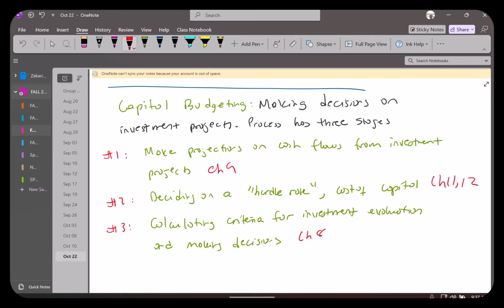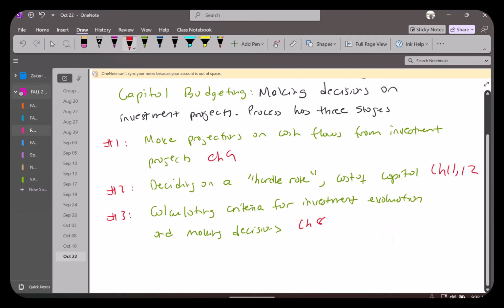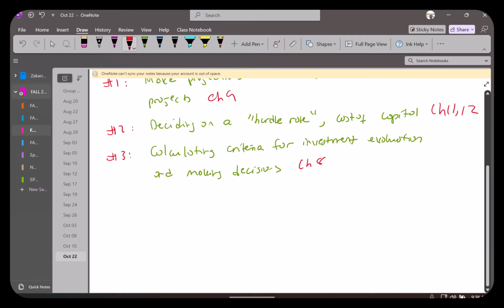Certain semesters, I used to do it in the reverse order, 11, 12, 9, and 8, but I just decided to go read the book. So in this chapter, we're going to assume that A, somebody told us what the cash flows from this investment opportunity are, and B, what is the appropriate discount rate or the hurdle rate. Knowing those, we're going to think about different measures to use to make decisions.